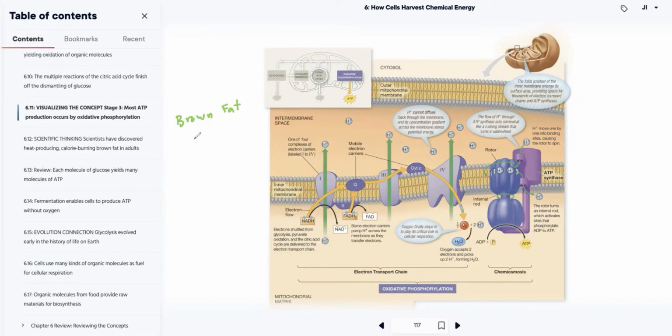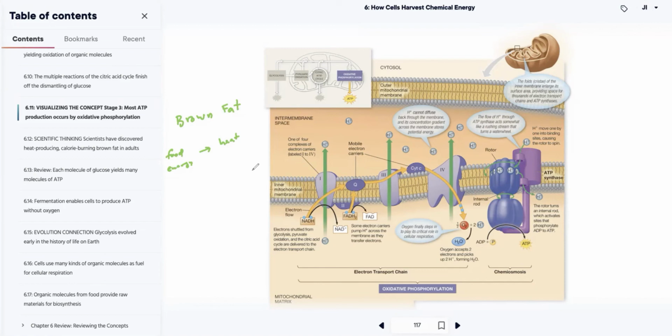So the idea is that brown fat converts food energy into heat, right? And therefore, because we're taking the food energy and converting it into heat, there's nothing that would cause us to actually have an excess of energetic molecules to be stored in the form of fatty tissue, right?